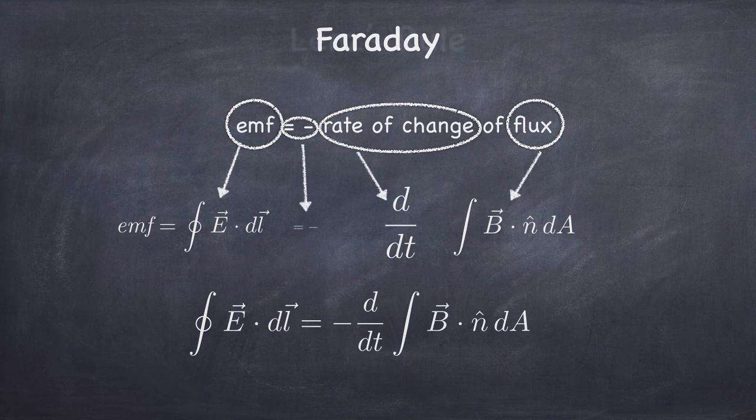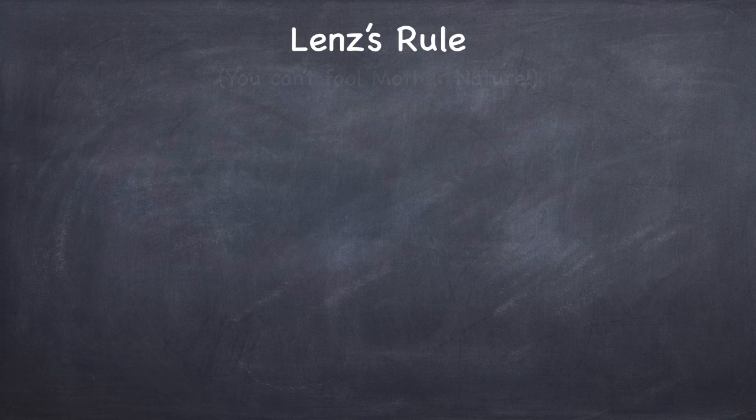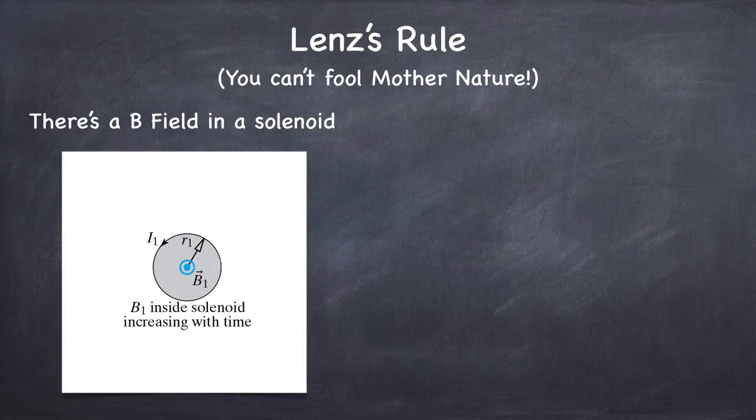Let's look at Lenz's rule. Lenz's rule is another way to say you can't fool Mother Nature, or there's no such thing as a free lunch, or you don't get something for nothing. There are different ways to look at it, but let me describe the rule, and then we can talk about its consequences. First of all, let's take an example where we have a magnetic field and a solenoid, and the magnetic field is increasing with time, and as you can see, it's pointing out of the page.